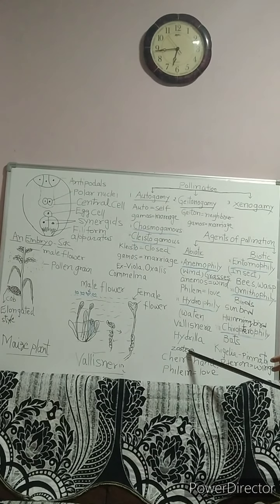Second plant is Zostera. This Zostera plant is also a water plant. In Zostera, pollen grains are light and they remain submerged in water, because the specific gravity of pollen grain is similar to the specific gravity of water.